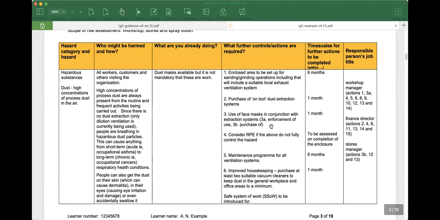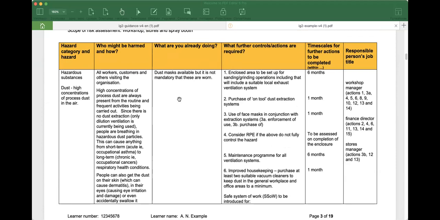So what I want to suggest to you: if you write 10 control measures in the "what are you already doing" column, then you need to produce only 5 control measures in the further control column.